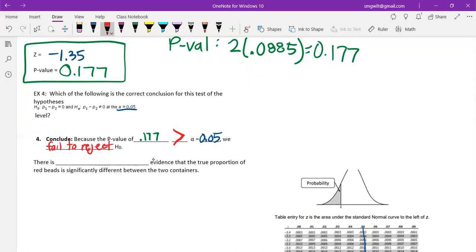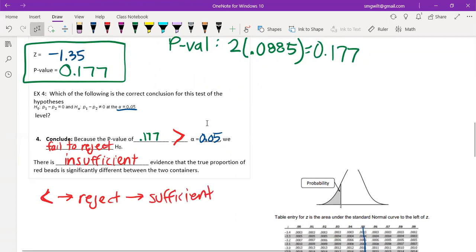So what this means is that there is insufficient evidence that the true proportion of red beads is significantly different in each of the two containers. Notice that if it was less than, we would reject, and it would be the opposite. So just depending on that p-value compared to the alpha value tells you whether you're going to reject or fail to reject that null hypothesis.